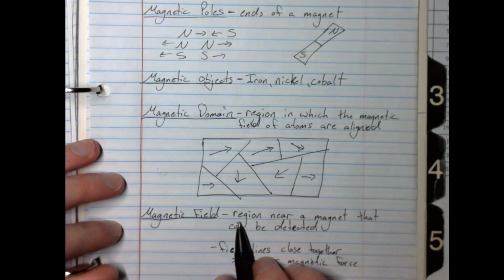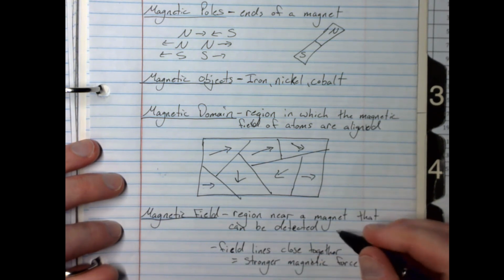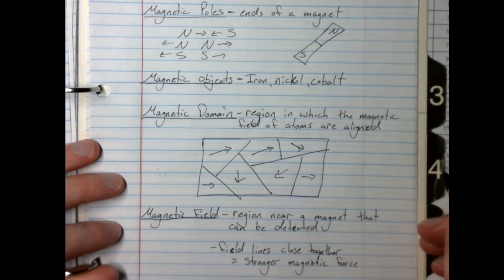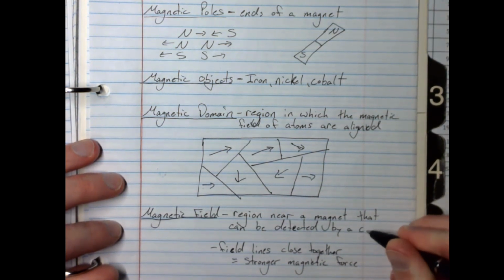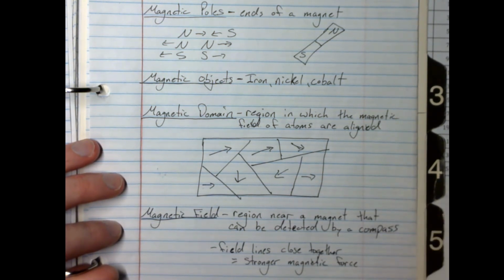Okay, so a region near a magnet that can be detected by a compass, but that's just another magnet. I'm just going to say by a compass. Took me a second to remember how to spell compass.